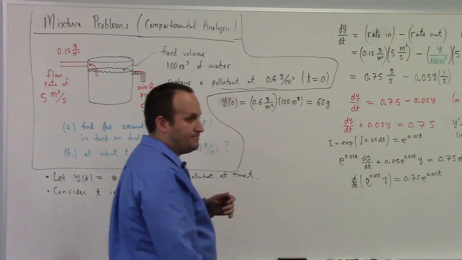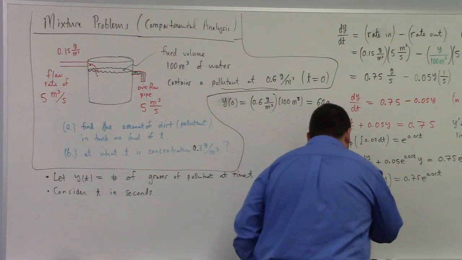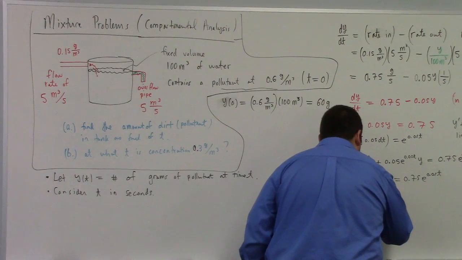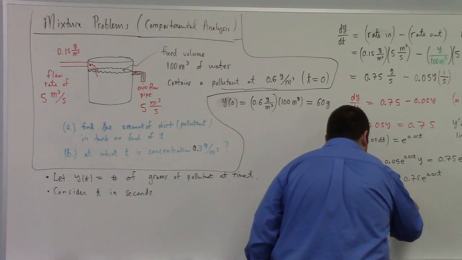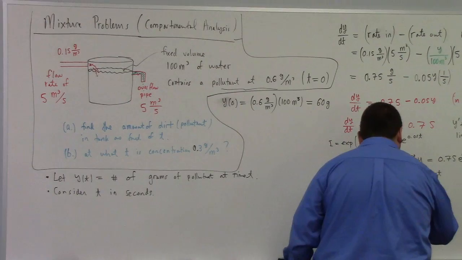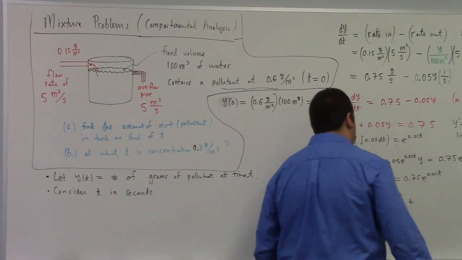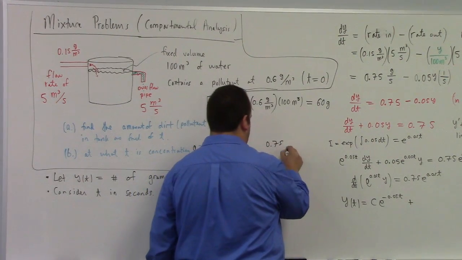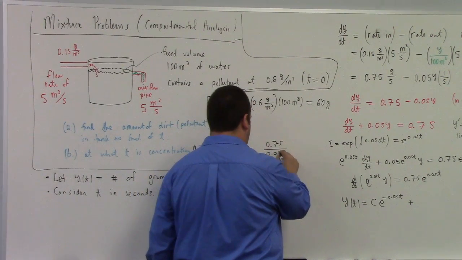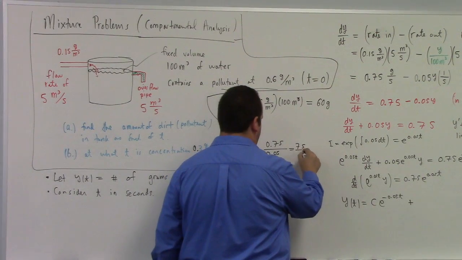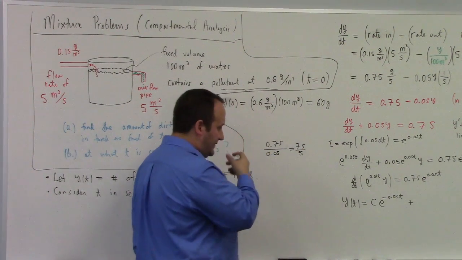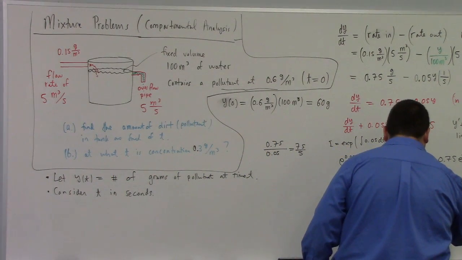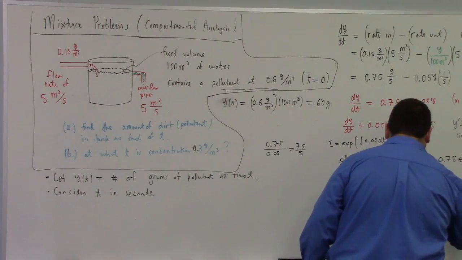And then we integrate, right? So if you allow me to skip a step here because I'm running out of board space, we get y of t equals c e to the minus 0.05t plus, what's 0.75 divided by 0.05? That is 75 over 5, also known as 15.